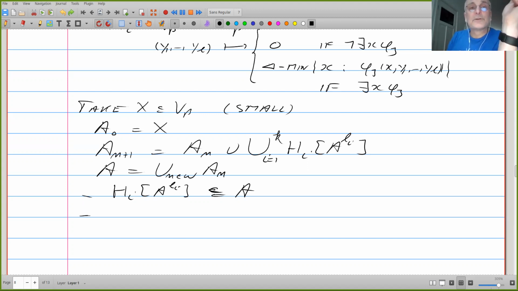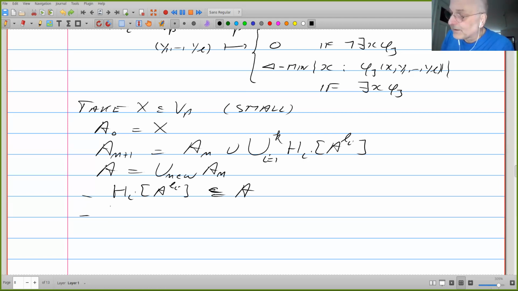Now, if you look closely, you'll see that we had finitely many functions, not too many. We did countably many steps, and we started with a set X of some cardinality, which could be finite or infinite.